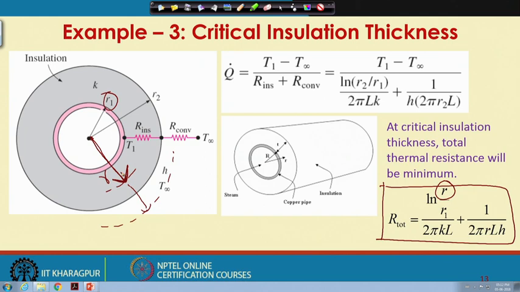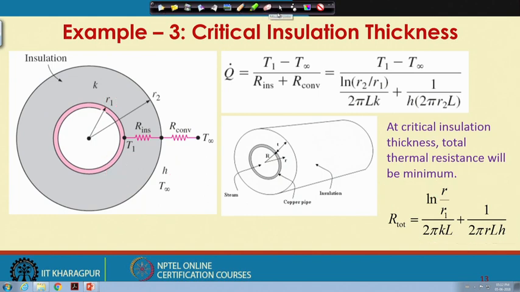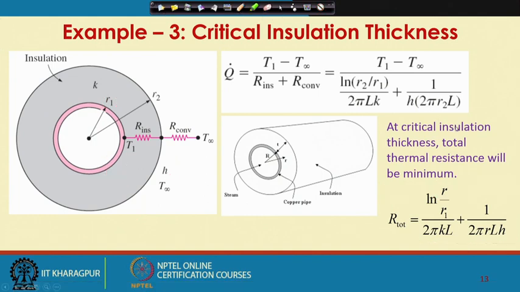So, it represents the insulation thickness. From this value of small r, you can find out the insulation thickness. So, we must find out the R that minimizes the total thermal resistance.